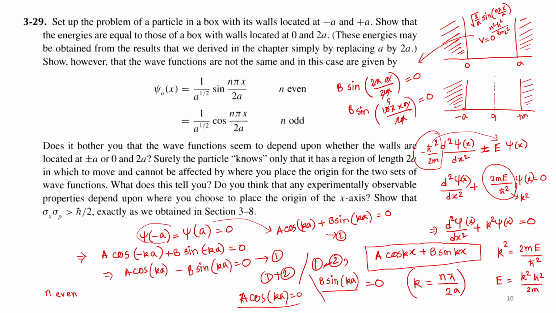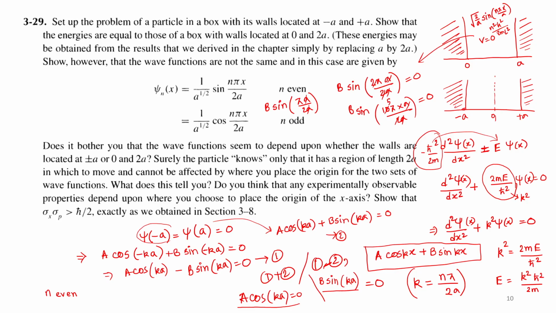But for odd values of n, suppose n is 1, so b sin pi a by 2a, you are going to get b sin pi by 2. Sin pi by 2 is 1.